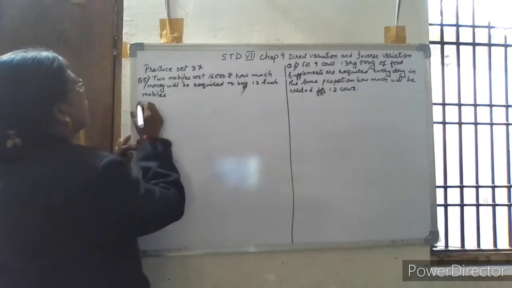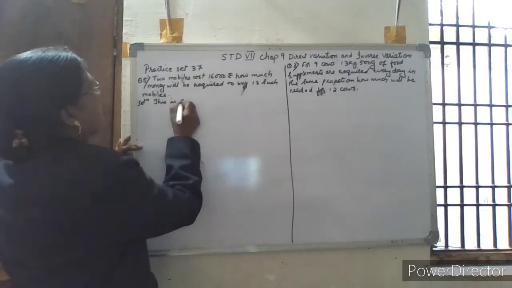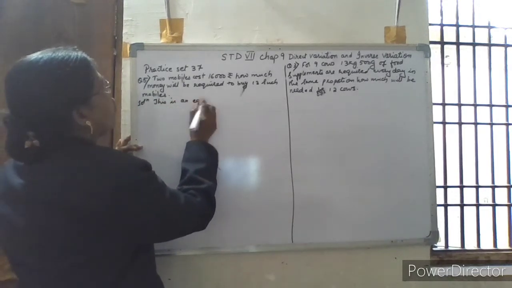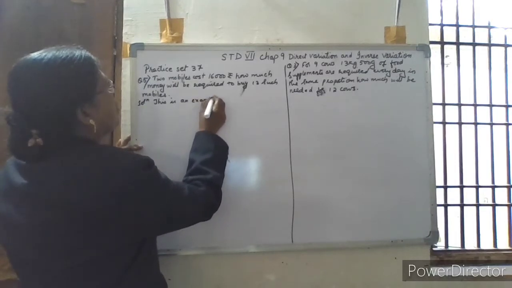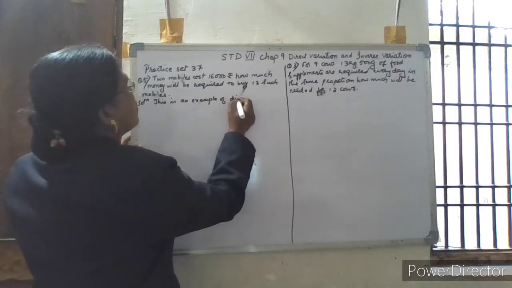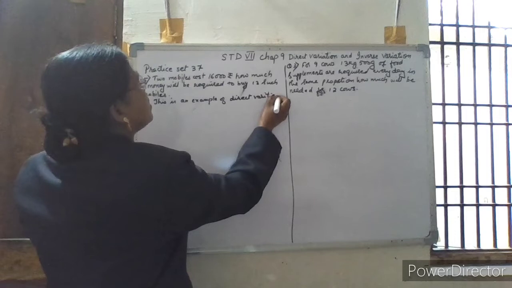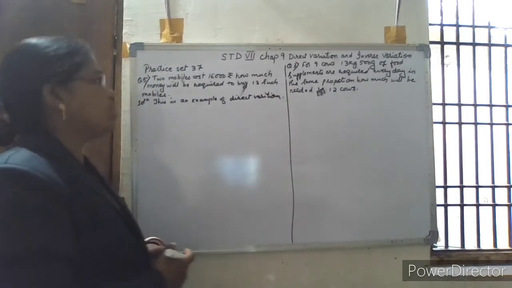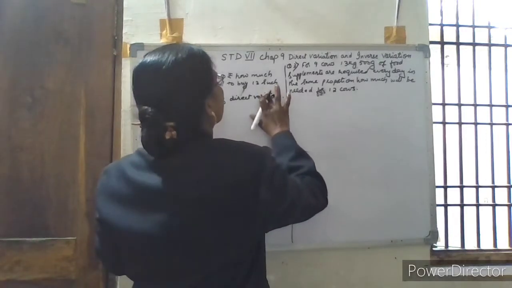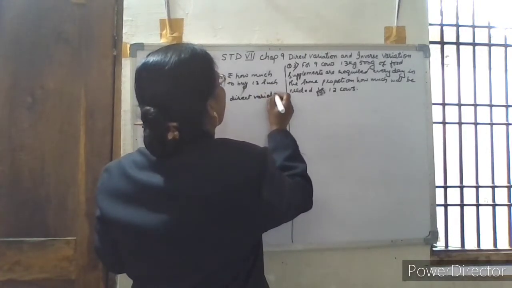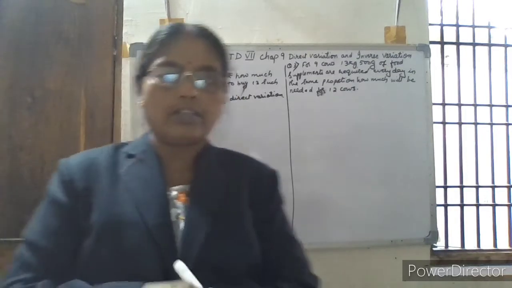So, this is an example of direct variation. We know that in direct variation, the ratio is constant.